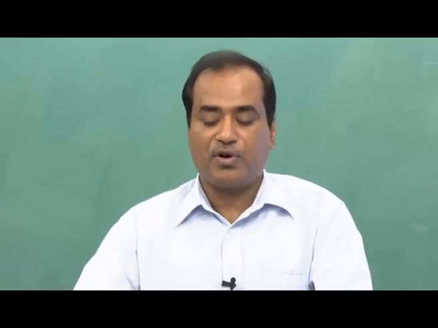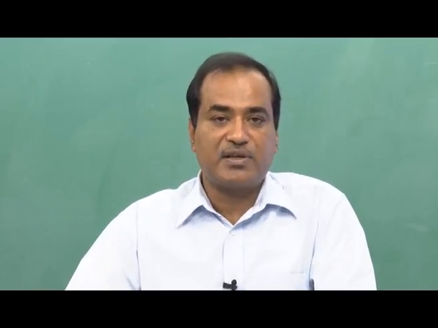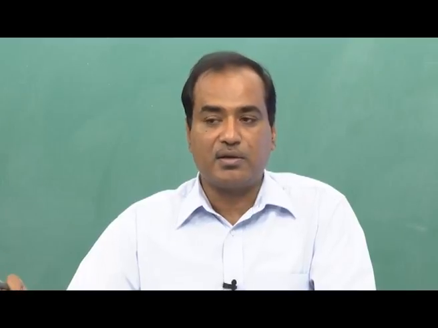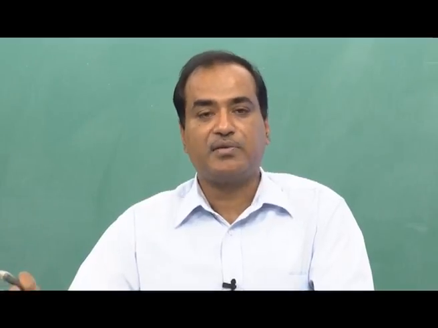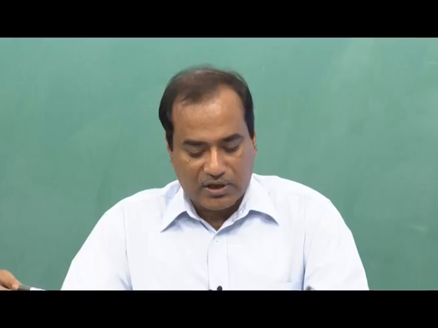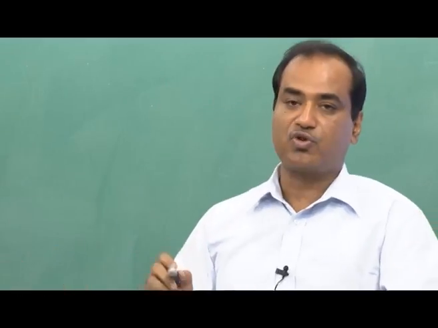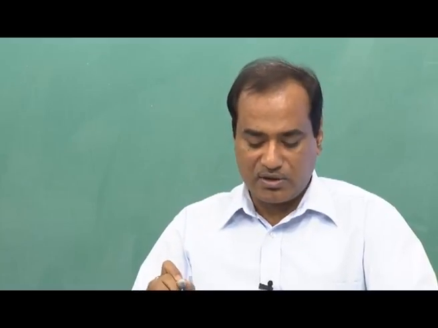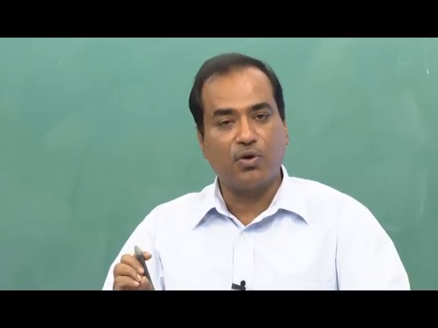Now, when we are going for testing of hypothesis and confidence interval estimation, we need the assumption of normal distribution right from the first step. Now, we will be developing the estimates of beta 0, beta 1 and sigma square. All those tests are going to be based on this fundamental assumption that the normality assumption holds true.